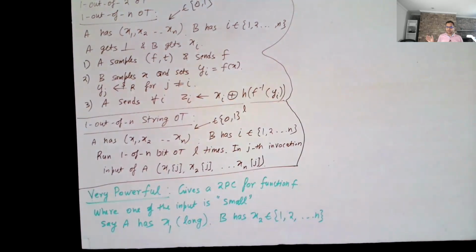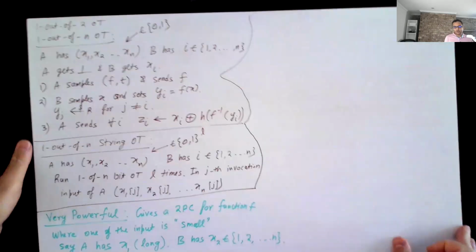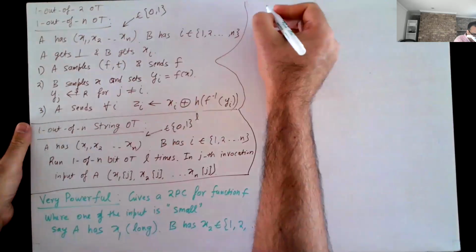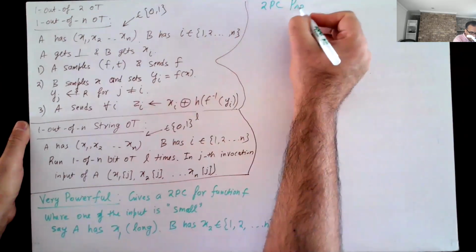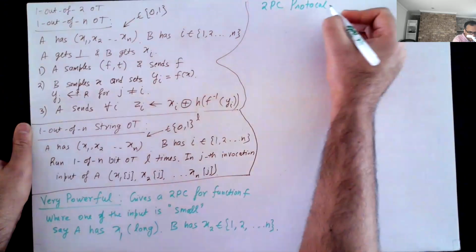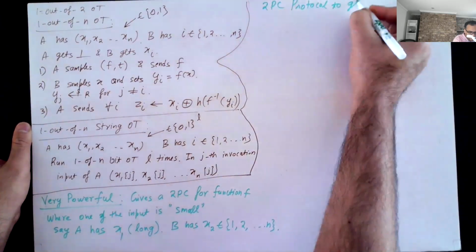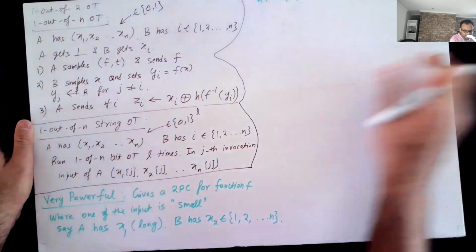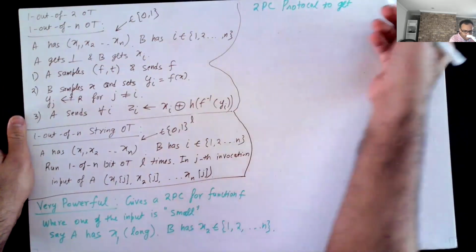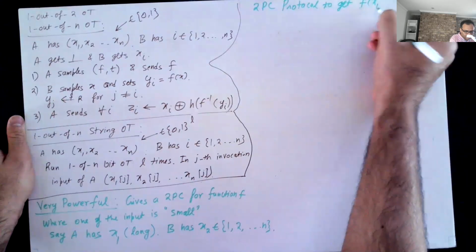And you can take any arbitrary function, f. Now the secure two-party computation protocol is as follows. So 2PC protocol to get f of x1 comma x2.